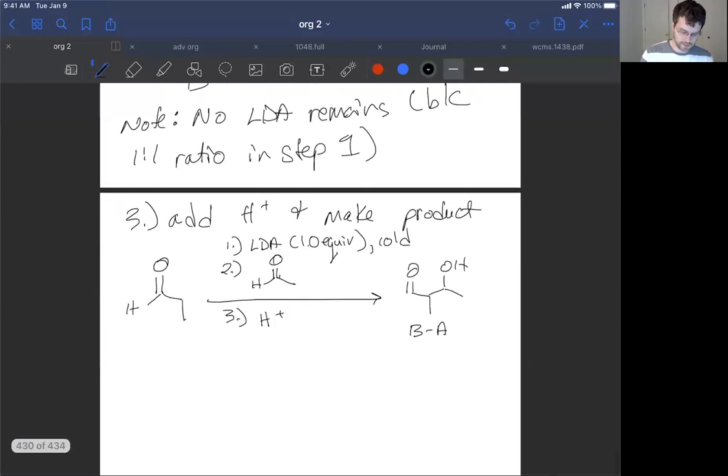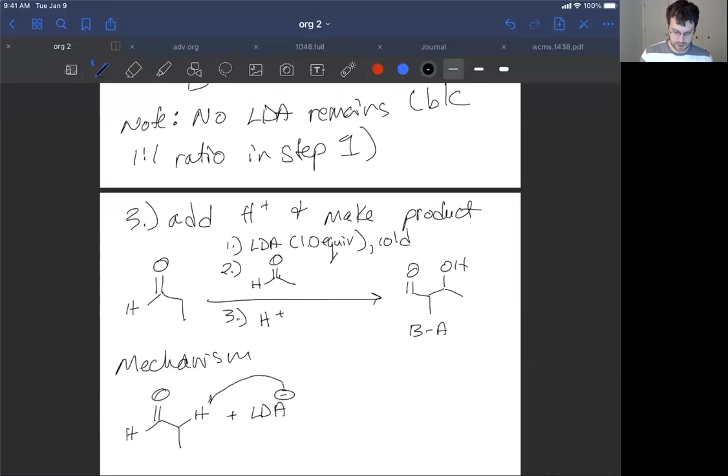Okay, so the mechanism of this, again, this mechanism is just hugely important, is that in step 1, we're going to have a very controlled formation of enolate B, which exists as 2 resonance structures.